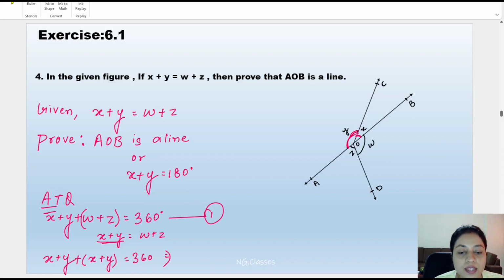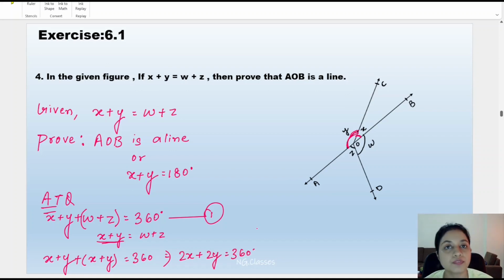From here we will get 2x plus 2y is equal to 360 degrees. When we take out 2 as a common factor and shift it to the other side, we will get x plus y is equal to 180 degrees, right? And that's what we wanted to prove. Either x plus y is equal to 180 degrees or w plus z is equal to 180 degrees.